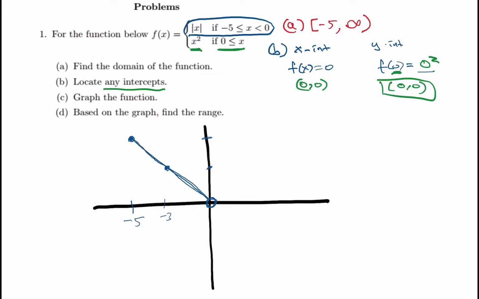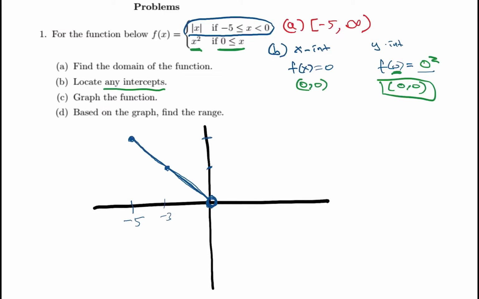If I were to draw just the absolute value of x, it would go like this, like a V shape. But because we're only drawing this function up to 0 and not including 0, we stop it here with an open circle.